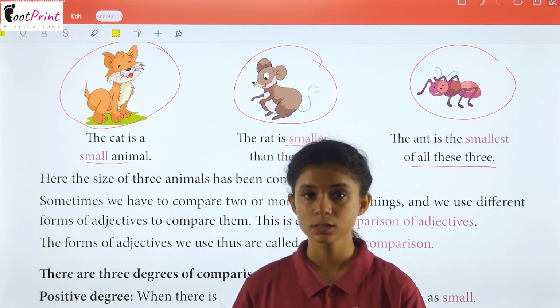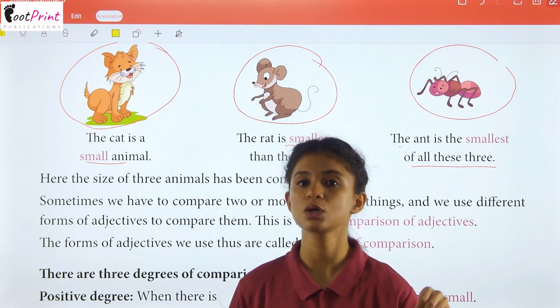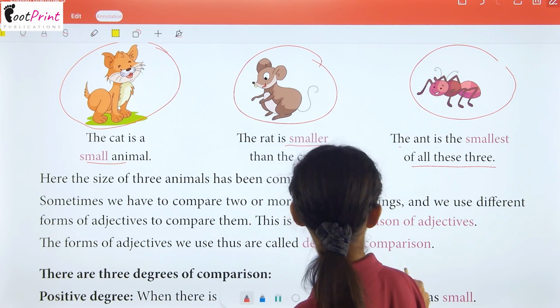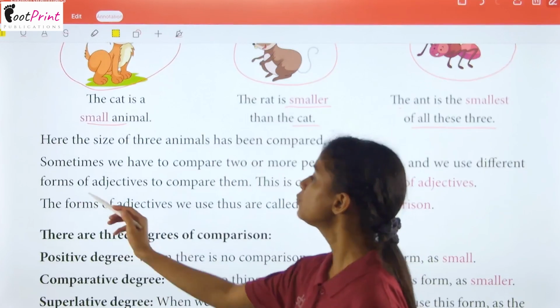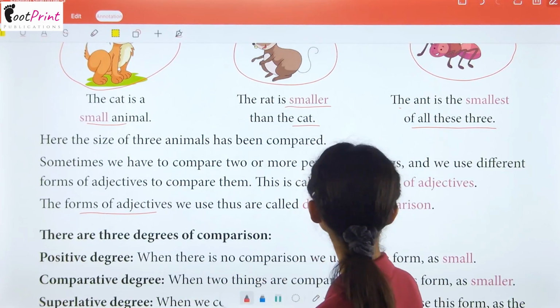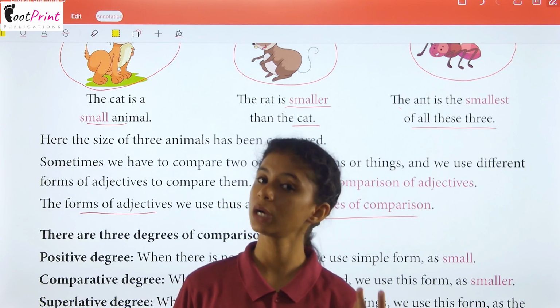For this comparison, we have to use different forms of adjectives. So, let us read more about these. The forms that we use are called degrees of comparison.